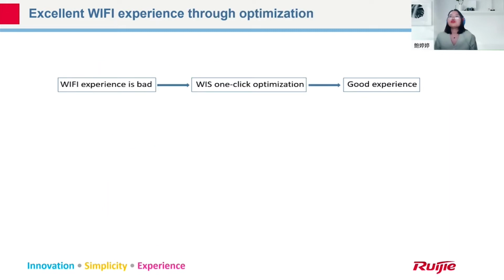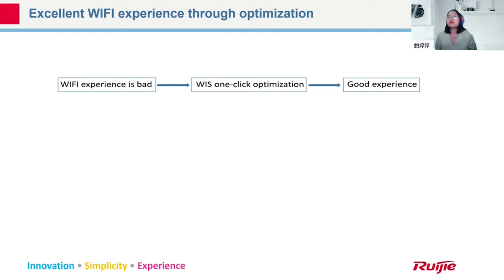And how to do the optimization, we also have some tools. If the Wi-Fi experience is bad, we have a tool. This tool we call WIS, W-I-S. This is a tool of the Ruijie company. It is a platform on which we can manage the devices and do some configuration to deploy services.